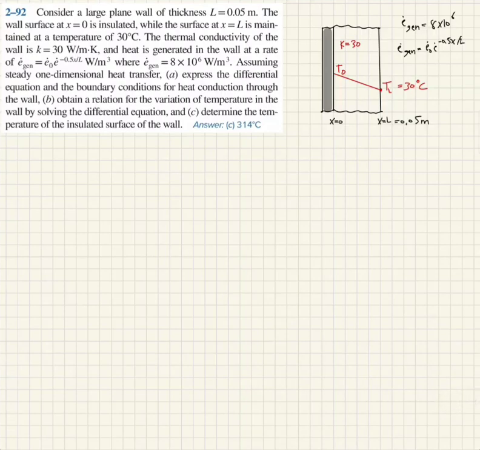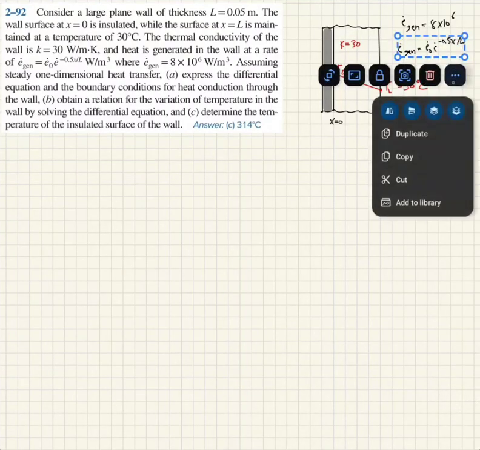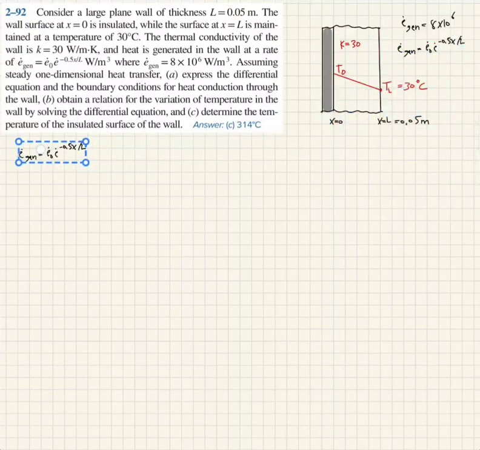So that's what we have for E dot gen, and at x equals 0, E dot gen equals E dot 0, because 0.5 times x divided by L is just 0, and e to the 0 is 1.